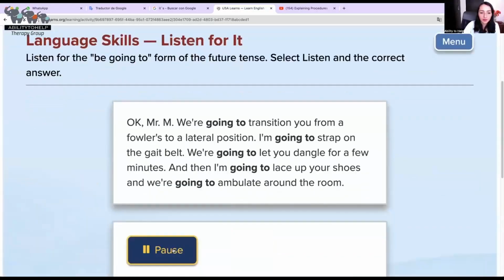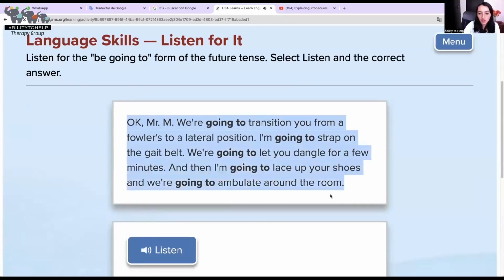Let's see. Okay, Mr. M, we're going to transition you from a forward to a lateral position. I'm going to strap on the gait belt. We're going to let you dangle for a few minutes, and then I'm going to lace up your shoes and we're going to ambulate around the room.